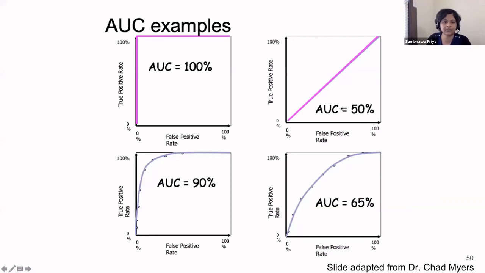And this is a classifier with AUC of 90%, so it's pretty competent in doing the classification. And this is kind of an average classifier at AUC of 65%. So those are some of the ways we can determine performance of our classification task.